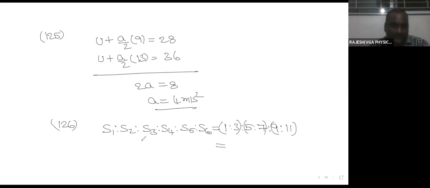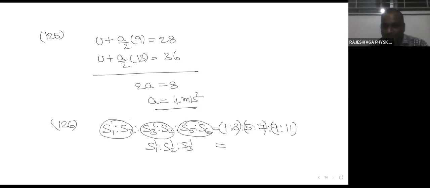Then the new one is S1 dash is to S2 dash is to S3 dash. That means S1 is these two, S2 is these two, S3 is these two, 2 seconds each. So 1 plus 3, 4, is to 5 plus 7, 12, is to 9 plus 11, 20. If you cancel 4 again, it is nothing but 1 is to 3 is to 5 again. That means it is irrespective of the time interval.